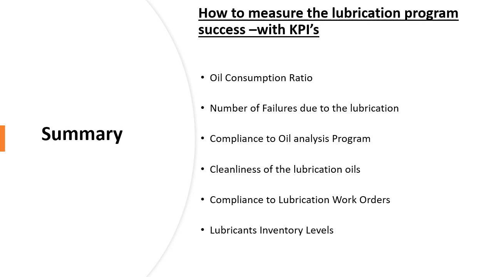By tracking all these critical KPIs, we come to know the success of our lubrication program, and we have also tracked our program effectively, and we can improve our lubrication program over a period of time.